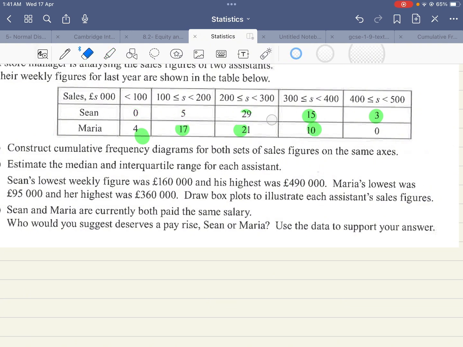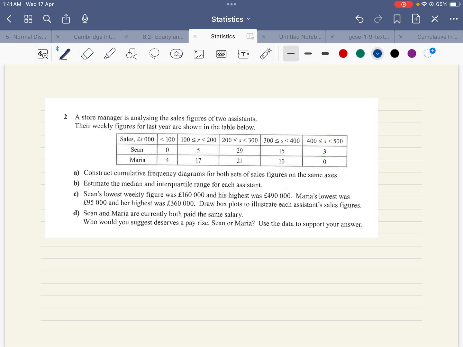Sometimes it's increasing, sometimes it's decreasing. So before drawing a cumulative frequency curve, we will draw a cumulative frequency table. So for Sean we have 0, 5, 29 plus 5 is 34, 34 plus 15 is 49, 49 plus 3 is 52.